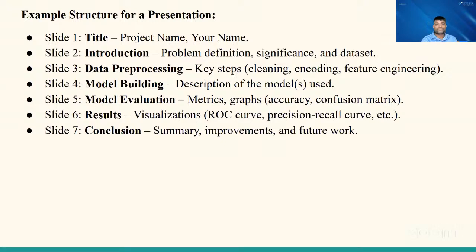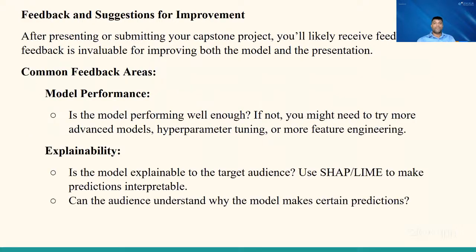Next is the feedback and suggestions part. This is about what exactly is there in your capstone project, what feedback you can likely receive, and how the model is represented.